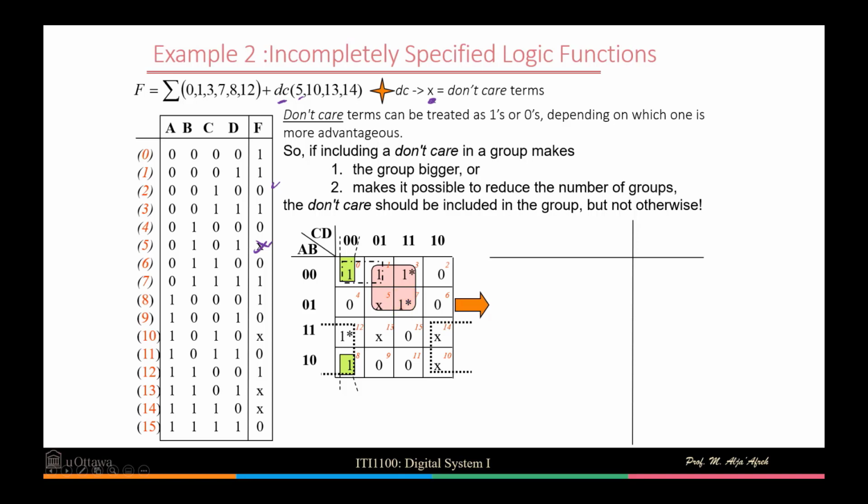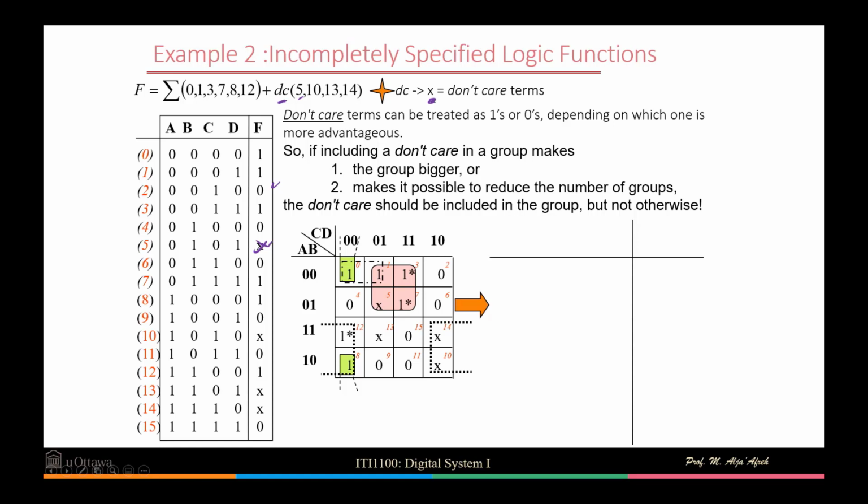When it comes to this one, look guys, this one can be grouped in a group of 2 this way and this way, by taking just these 2 corners, or by going this way. Therefore, that's not an essential prime implicant, okay? And I cannot group it in a group of 4. Now, this one is essential because it can be grouped in a group of 2 this way, but at the quad level, it can be grouped in a group of 4 just one way, which is by taking these 2, okay?